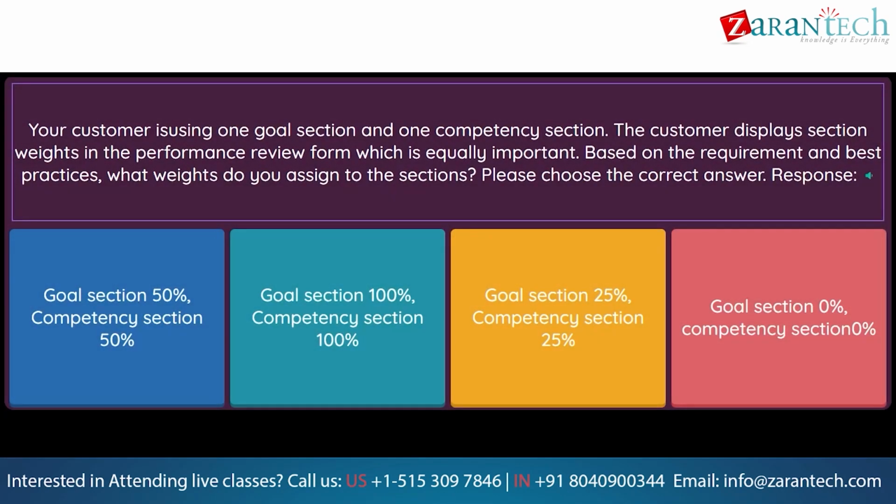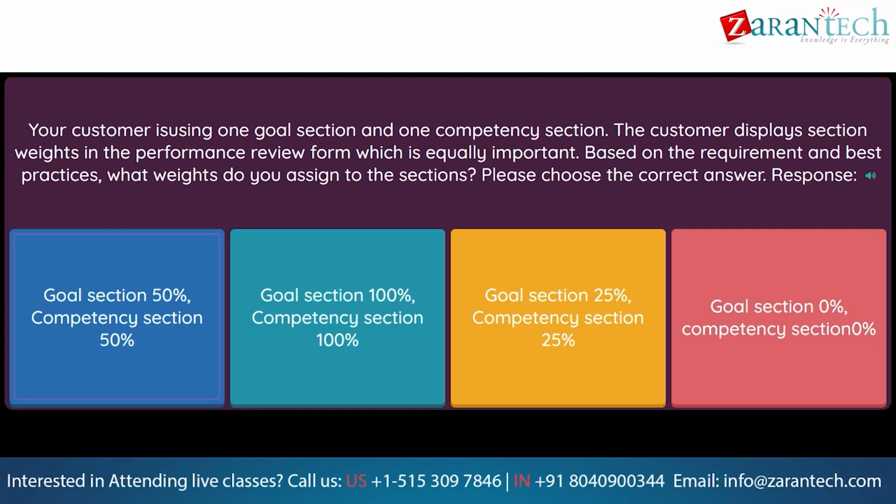Question: your customer is using one goal section and one competency section. The customer displays section weights in the performance review form, which is equally important. Based on the requirement and best practices, what weights do you assign to the sections? Please choose the correct answer.